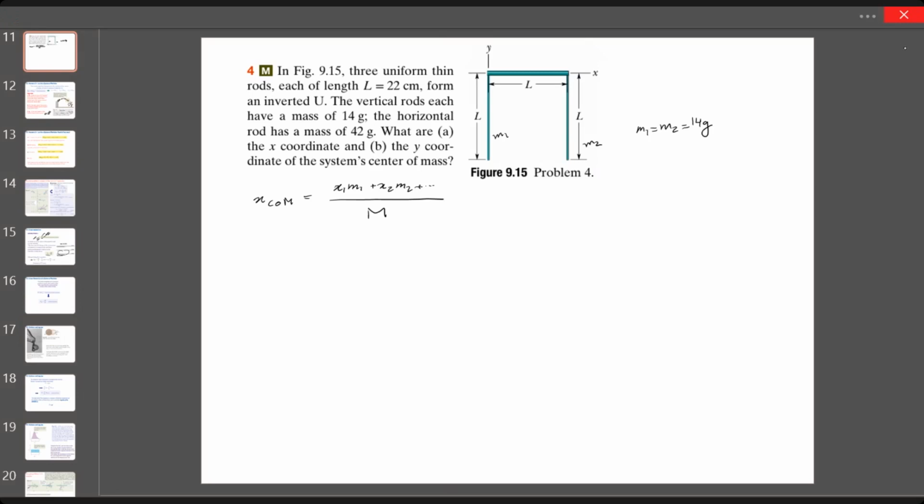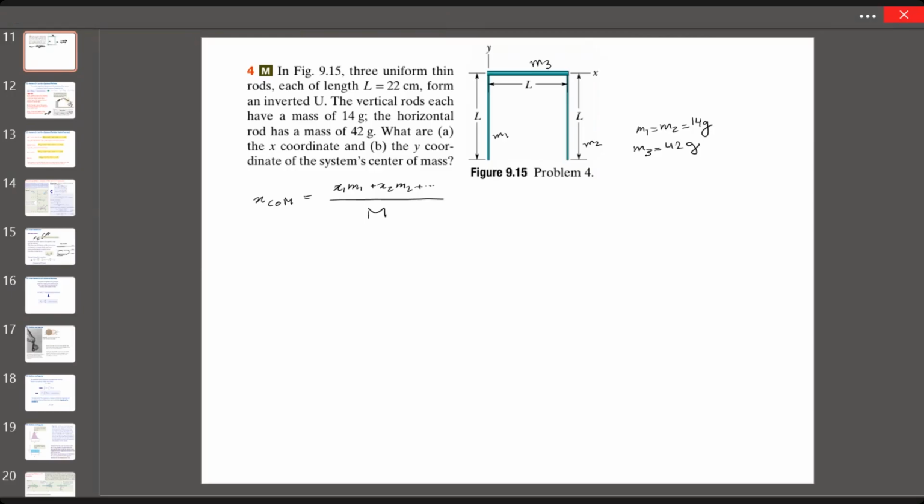And the horizontal rod has a mass of 42 grams. I'll label this as M3. What are the x coordinate and the y coordinate of the system's center of mass?